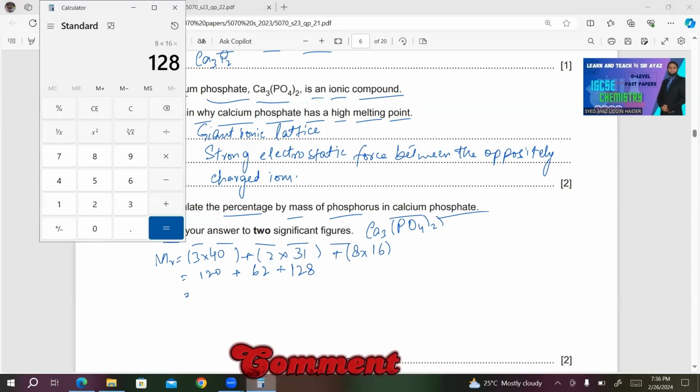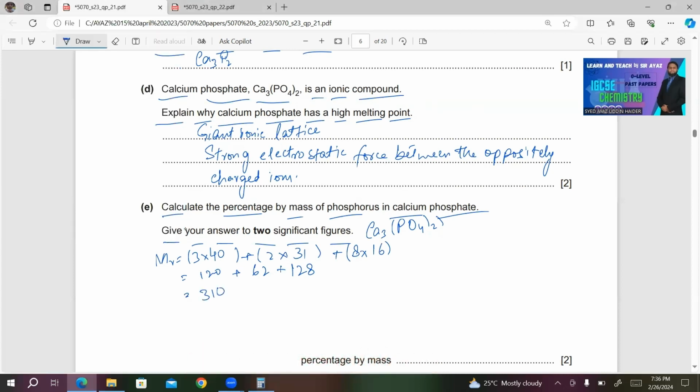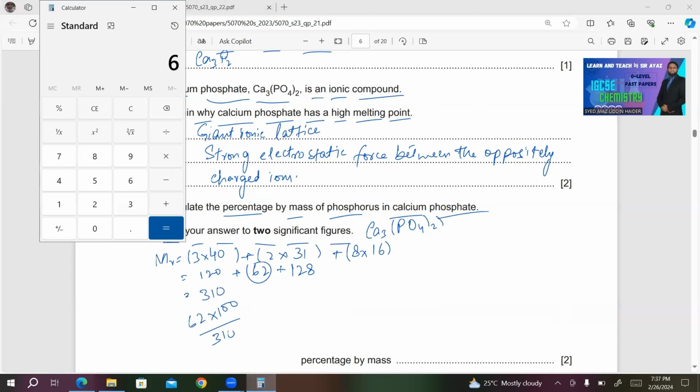Adding these up, 120 plus 62 plus 128 gives 310. Now they are asking the percentage by mass of phosphorus. So we have 62 as the mass of phosphorus here. So 62 multiplied by 100 divided by 310. So the answer will be 20%.